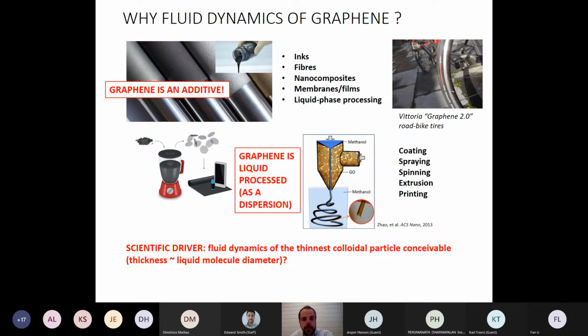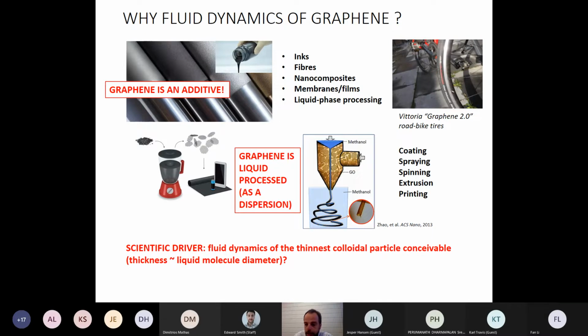So why do we want to study the fluid mechanics of graphene? Well, because graphene is used as an additive in many liquids in several applications. If you suspend graphene in a liquid, then you can have a mixture that inherits many of the good properties of graphene in terms of mechanical properties, electrical properties, and so on. And you can use all the processing methods that are used for liquids, such as coating, spraying, and so on.